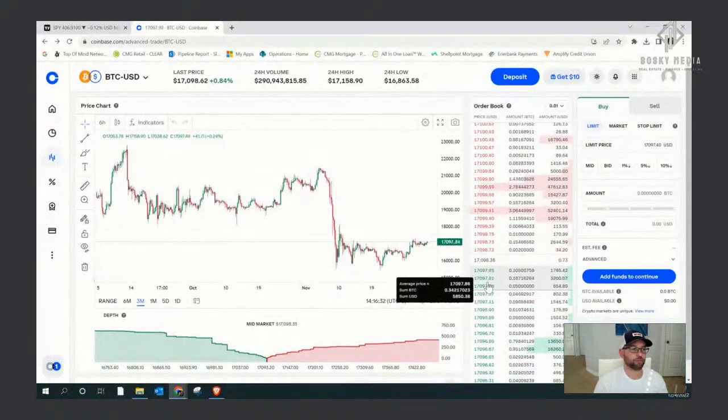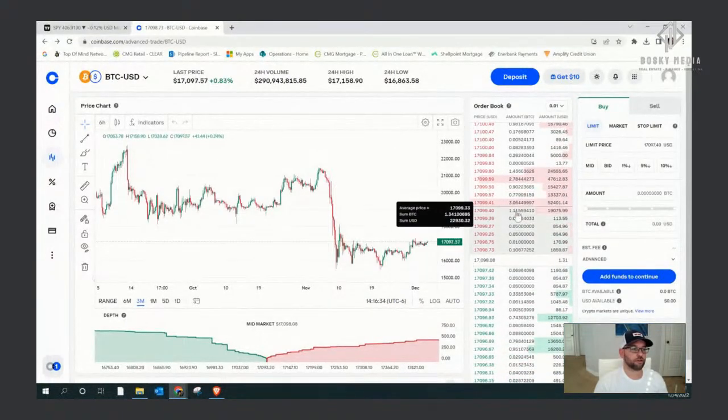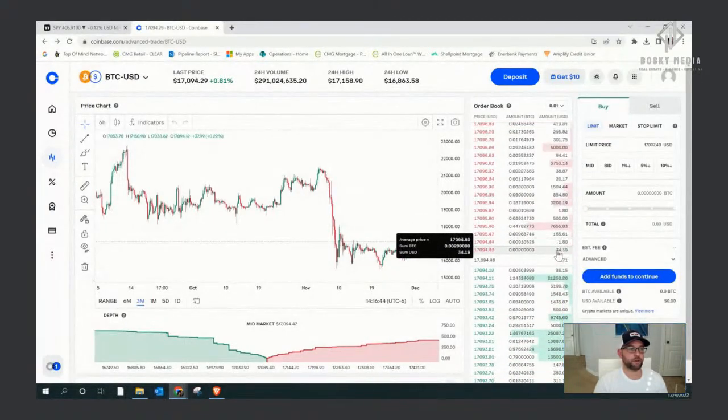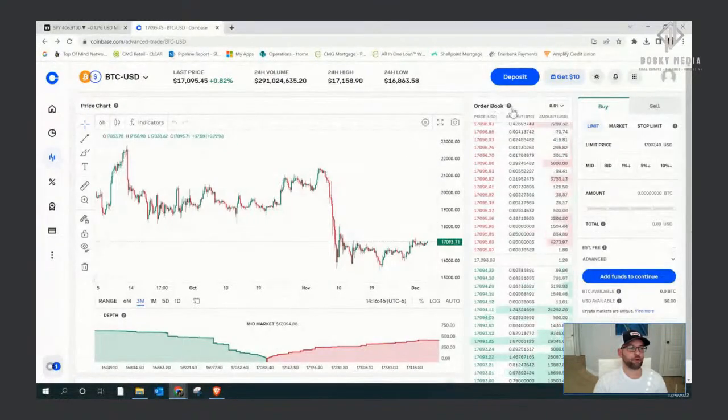Here's the price, here's the amount in Bitcoin, and here's the amount in dollars. At the top of this order book, you have an aggregator. It's on 1 penny, and this asset is at $17,000 right now.